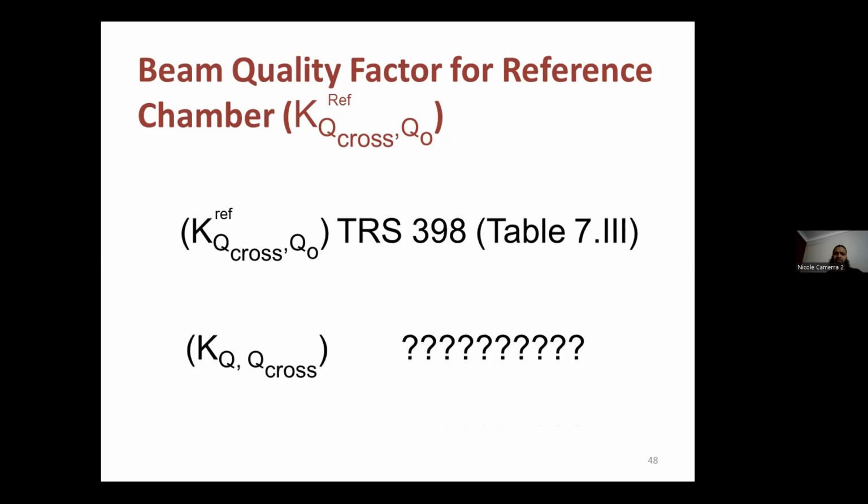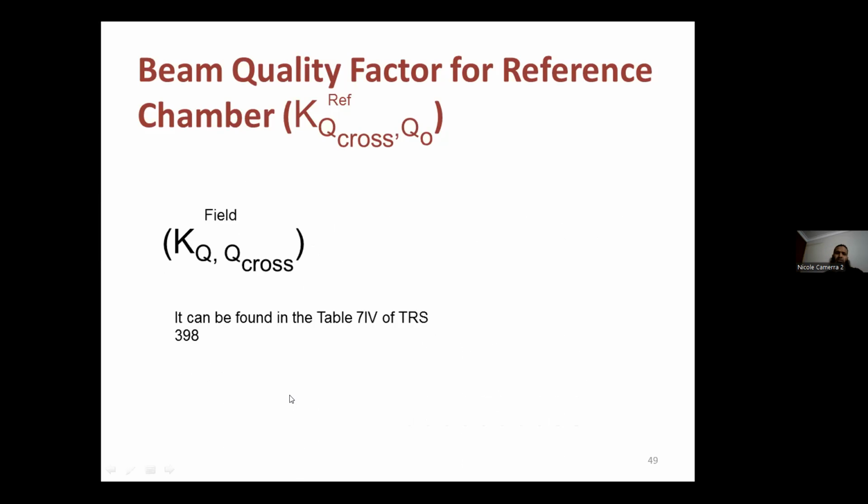This is the reference chamber, this is for your Farmer chamber, and this is your parallel plate chamber. So it can be found in table 4 of the TRS398, KQQ cross, when you're doing a cross calibration.